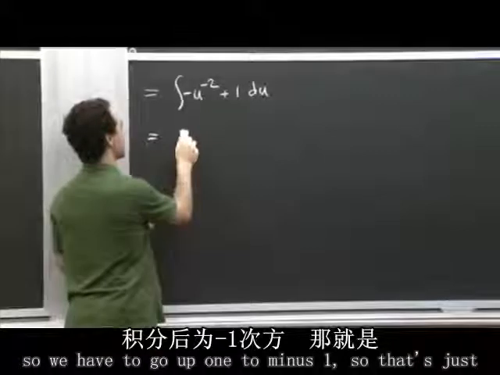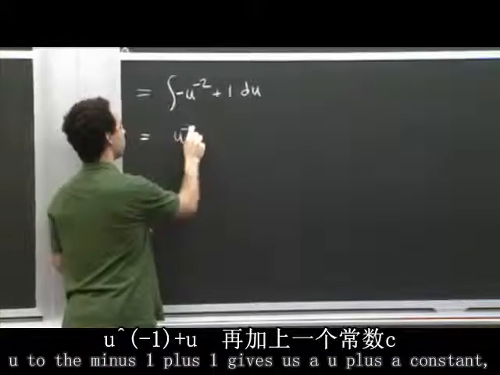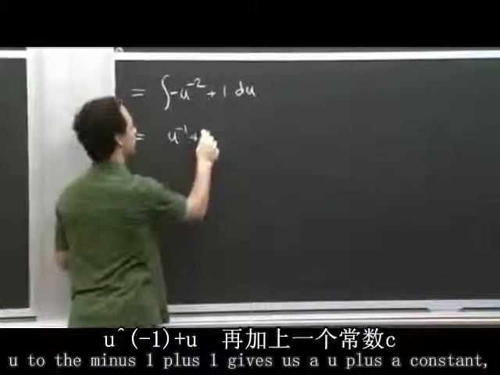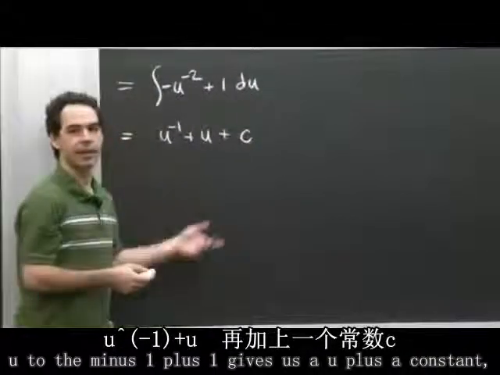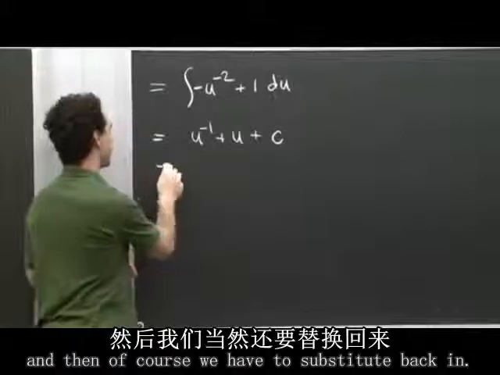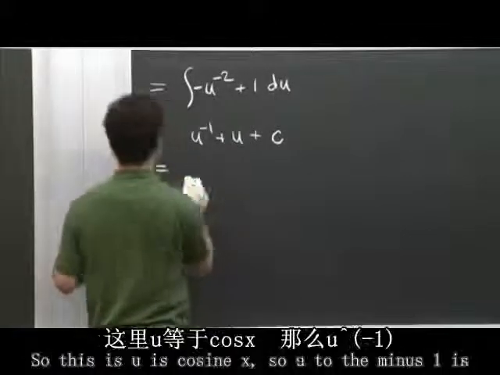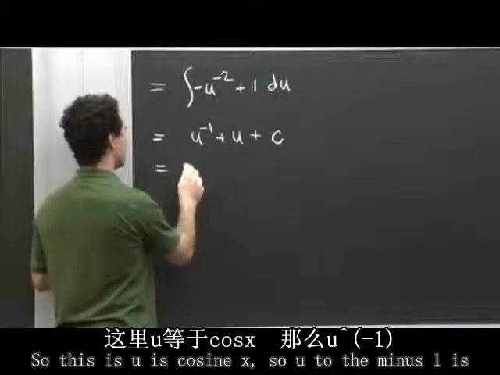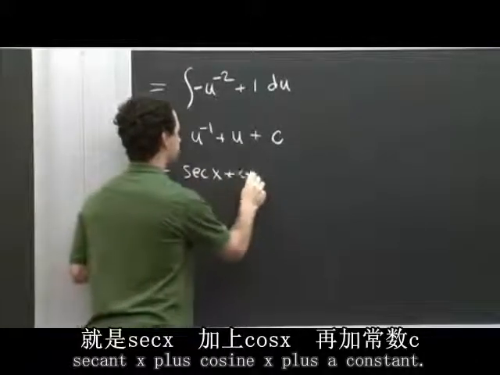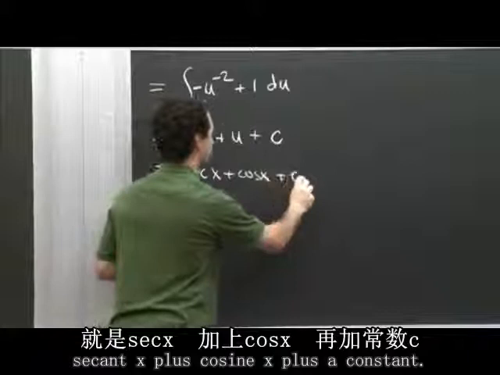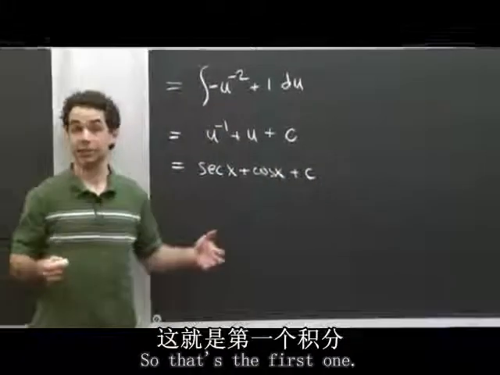So that's just u to the minus 1 plus 1 gives us a u plus a constant. And then, of course, we have to substitute back in. So u is cosine x, so u to the minus 1 is secant x plus cosine x plus a constant. So that's the first one.